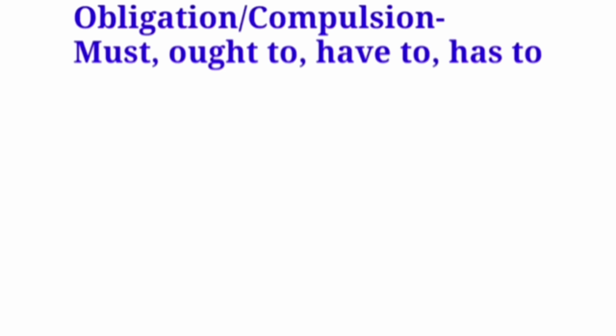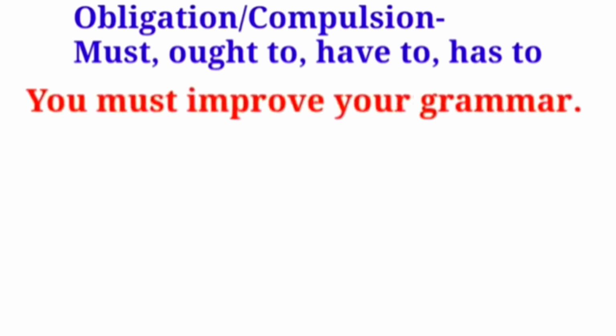When someone compels somebody to do something, in that situation, the modal verbs like must, ought to, have to, has to are used. For example, let us look at the sentence, you must improve your grammar. In this sentence, the use of modal verb must expresses obligation or compulsion of improving grammar.